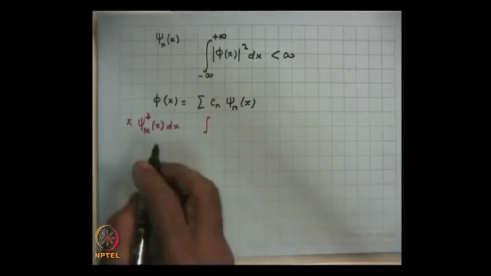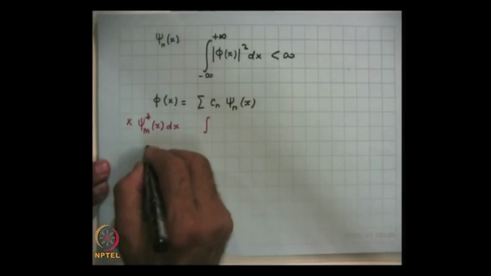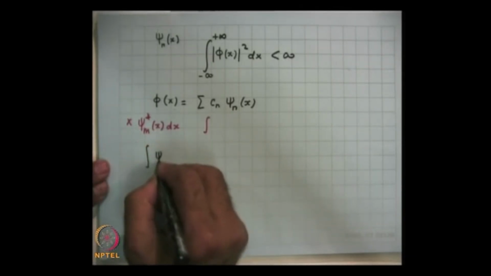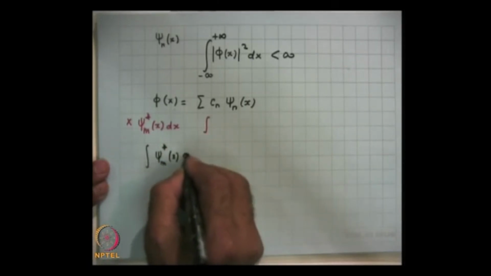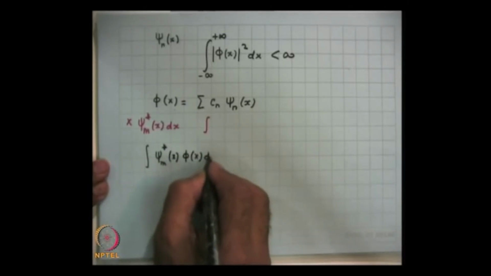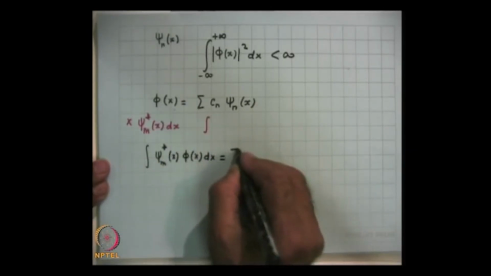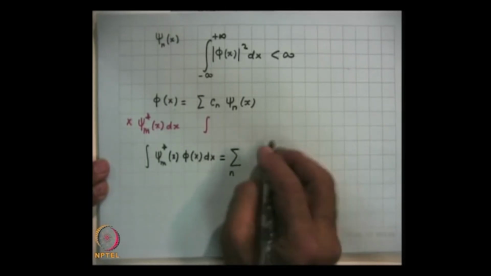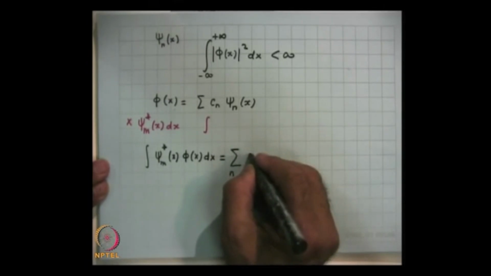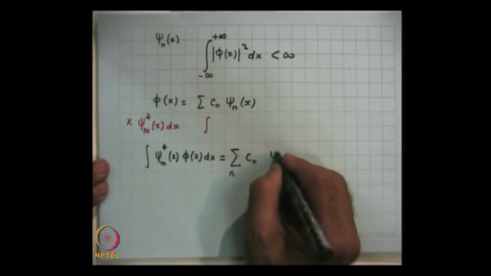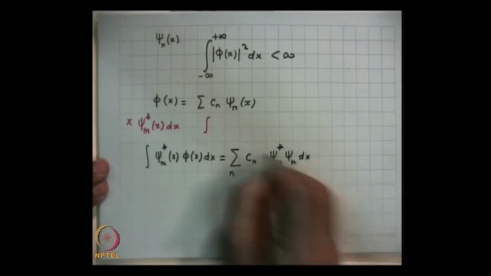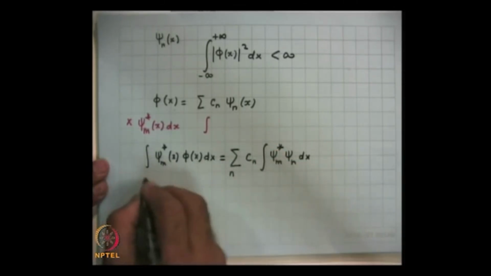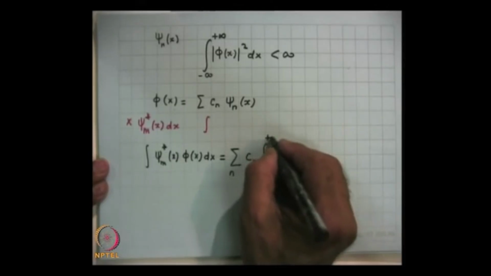So, what we will have is that the left hand side becomes the integral of psi m star of x phi of x dx is equal to the summation, the sum is over all values of n, C n integral of psi m star of x psi n dx, all limits are from minus infinity to plus infinity.